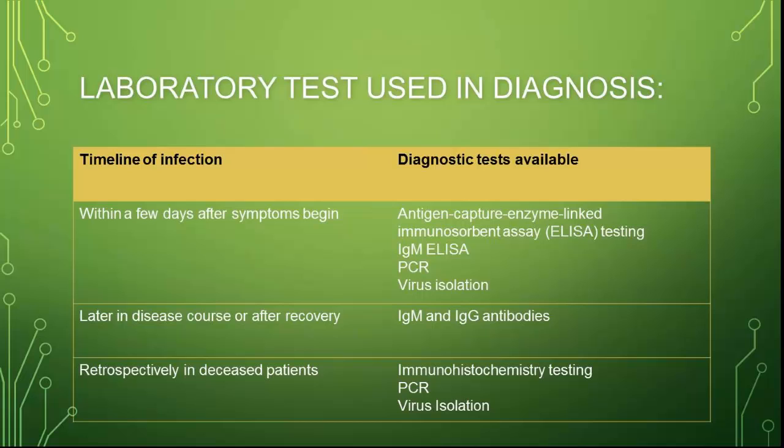And again, these are the laboratory tests used in diagnosis, divided by time frame. Within a few days after symptoms begin, we can use antigen-detection ELISA, IgM ELISA, PCR, and virus isolation. Later in the disease course or after recovery, we can use serology, mostly IgM. And retrospectively in deceased patients, we can use immunohistochemistry testing, PCR, and virus isolation.